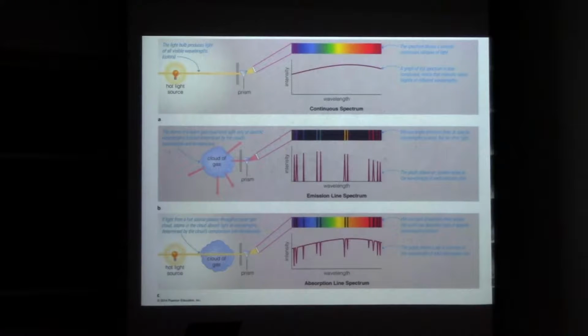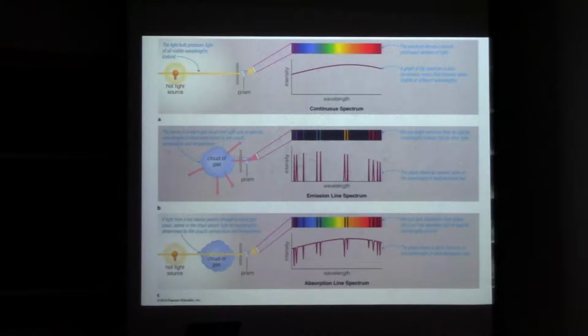On the other hand, if you have a hot cloud of gas, such as when you plug in a hydrogen vapor lamp or mercury vapor lamp or whatever, then what we find is that you get an emission line spectrum, so in other words, specific wavelengths of light being given off, and light of no other wavelength being given off.